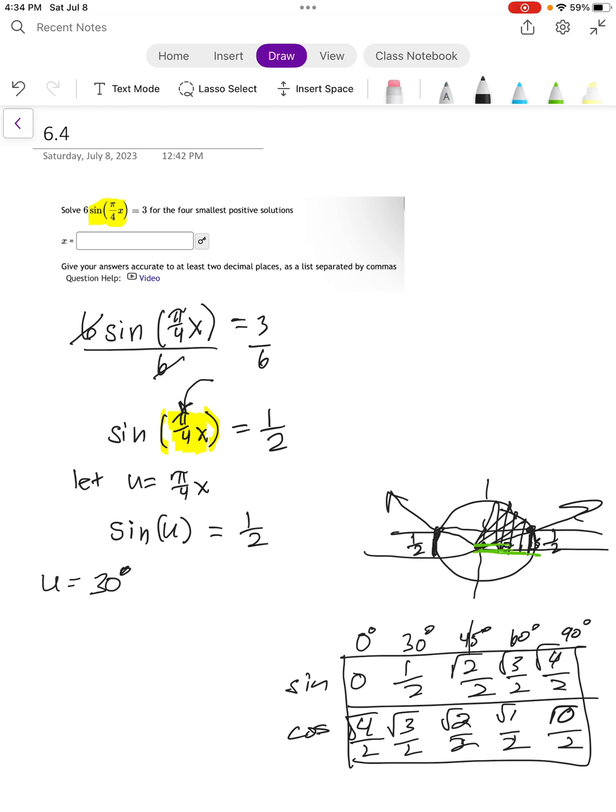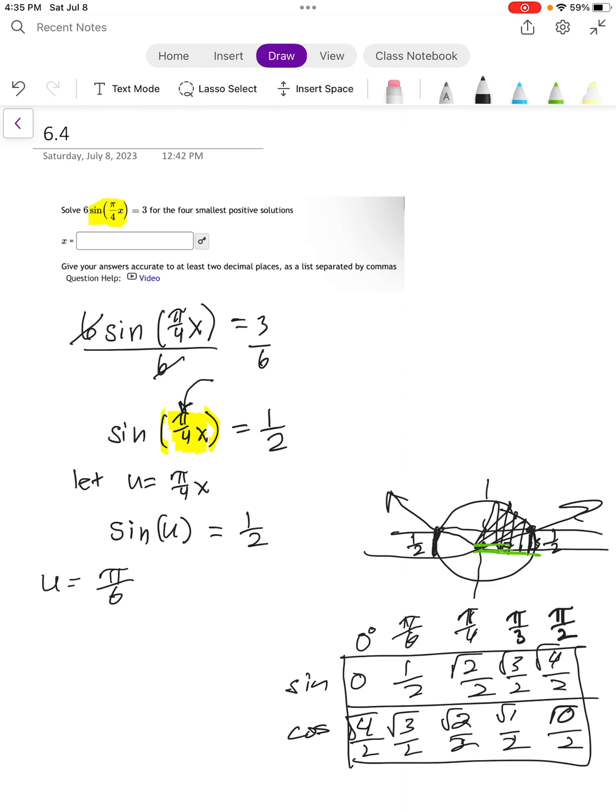So I'm going to rewrite these in radians. 0 degrees is 0 radians, but 30 degrees is pi over 6. Pi over 4 is 45 degrees. Pi over 3 is 60 degrees, and pi over 2 is 90 degrees. So pi over 6 is one of our answers for u.